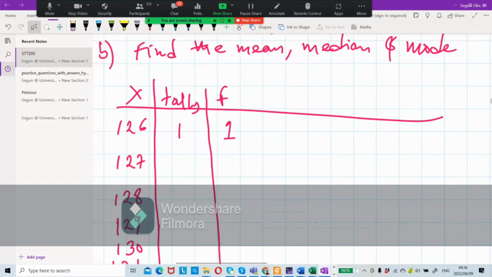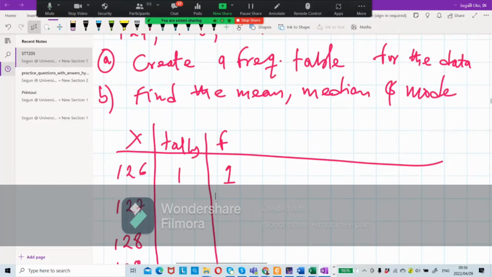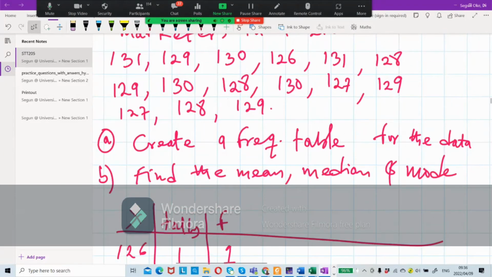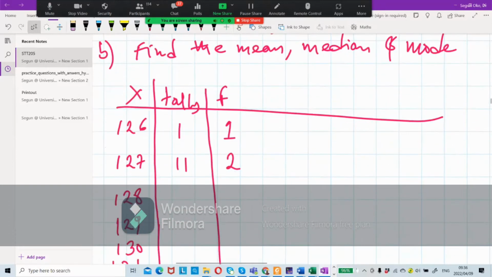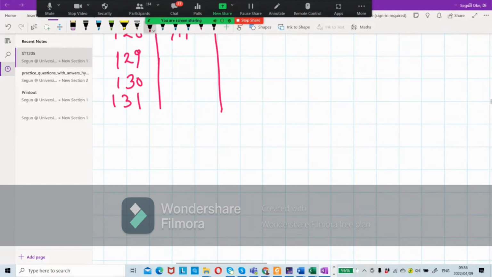How many 127 do we have? 2. How many 128? 3. How many 129? 4.